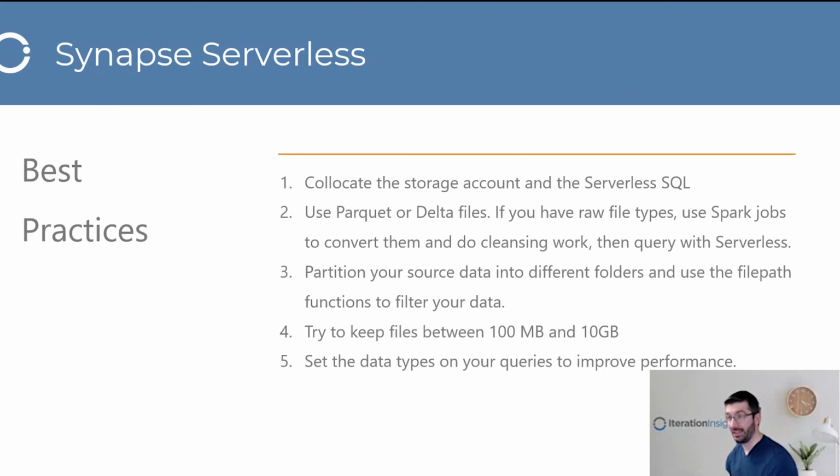When you have files in the Delta Lake or in the data lake, I highly recommend using Parquet or Delta files. If you have other raw file types, CSVs, JSONs, other delimited files, use Spark jobs to convert and do the cleansing work, then query with serverless. You saw that I had partitioned my data using different folders based off of some sort of date.